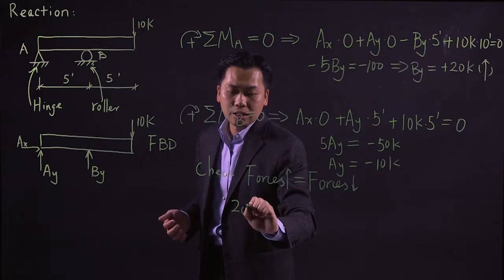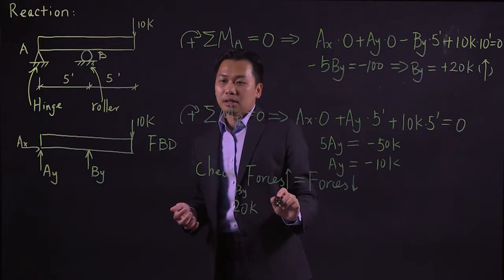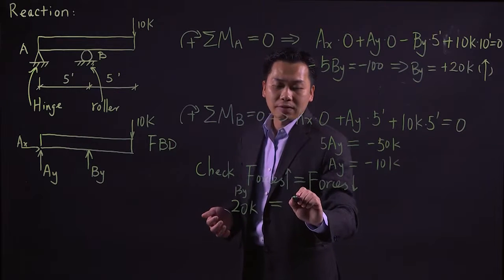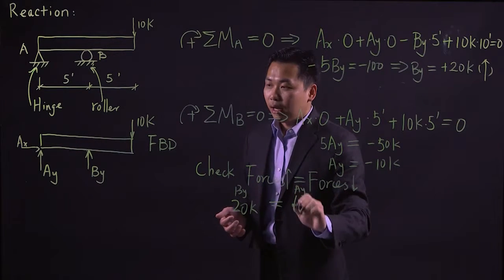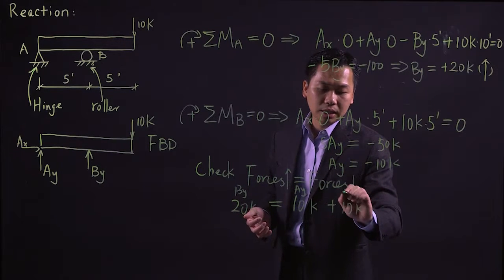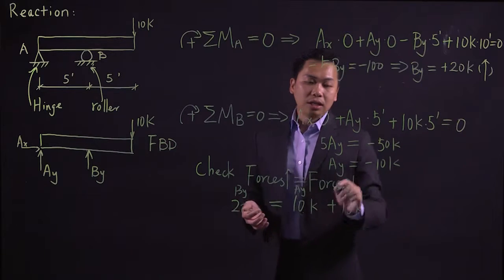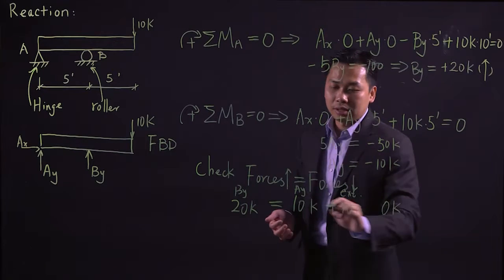That is our By. On the right-hand side, the force going downward, we have this Ay, which is 10 kips, and also we have this external force, 10 kips. The left-hand side is equal to the right-hand side, therefore our calculation is correct.